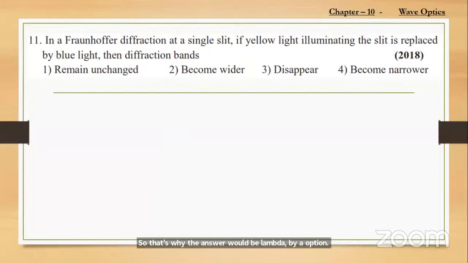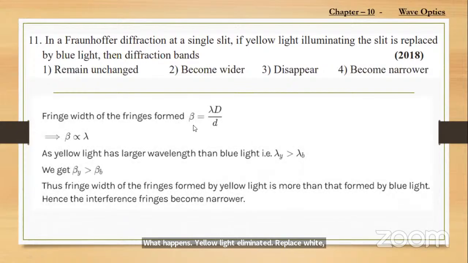Next question. In a Fraunhofer diffraction at a single slit, if yellow light illuminating the slit is replaced by blue light, then what happens to the diffraction bands? Remains unchanged, becomes wide, disappear, become narrow. In the diffraction pattern also, it is going to decrease, so they become narrow.